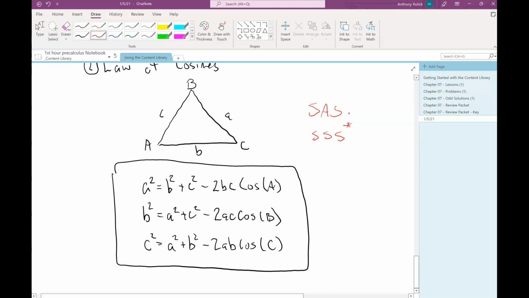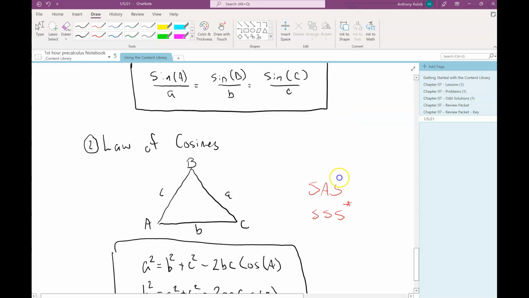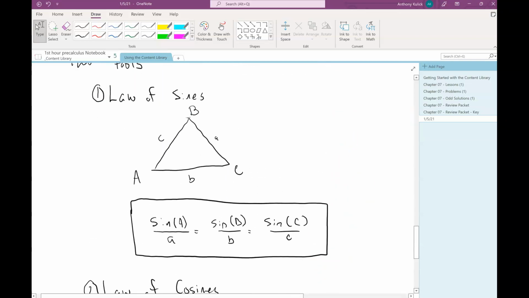Everybody's okay with that? For the law of sines, we do that when we have angle side angle, angle angle side, and then side side angle, but I'm going to put a little asterisk there because that's a situation where we have to be a little bit careful also.